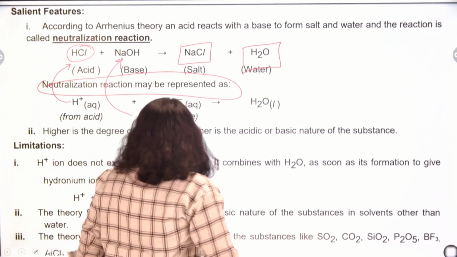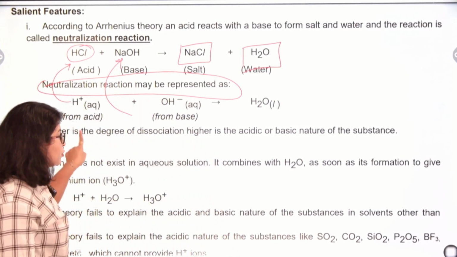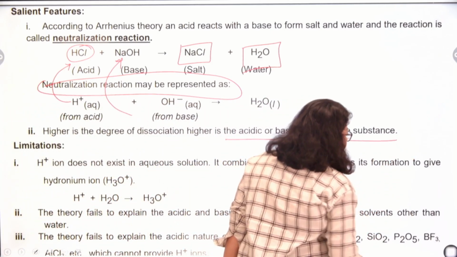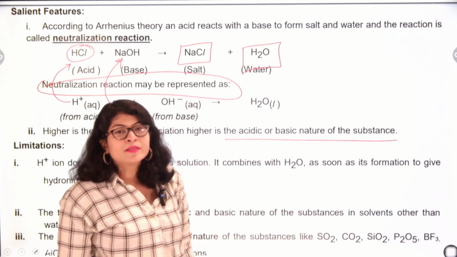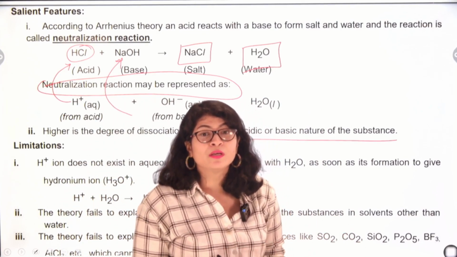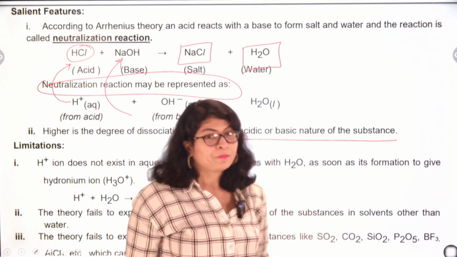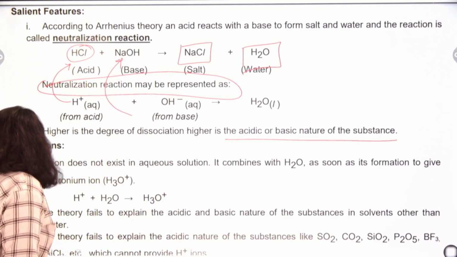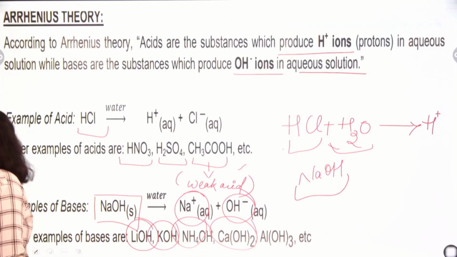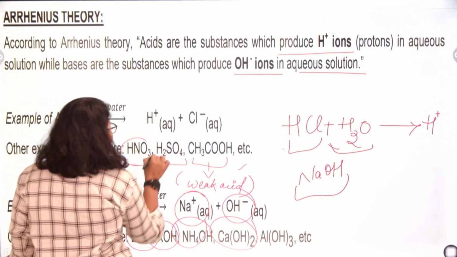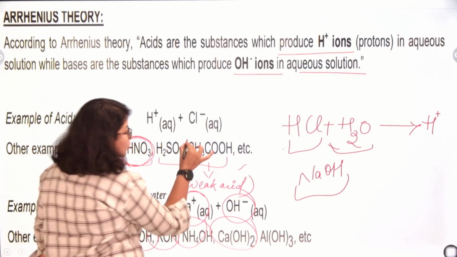Higher is the degree of dissociation, higher is the acidic or basic nature of the substance. Now, this statement is somewhat crucial in classifying acids or bases into weaker and stronger categories. In the previous slide, I have given you example of HNO3. Let me just compare HNO3 and CH3COOH.